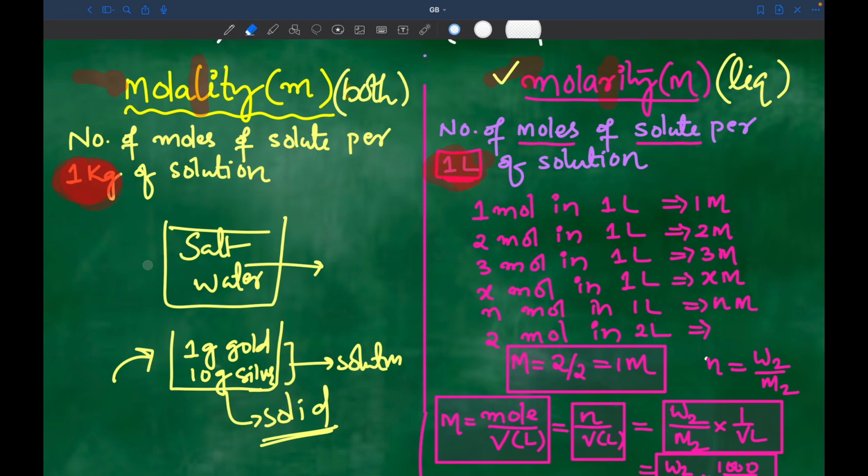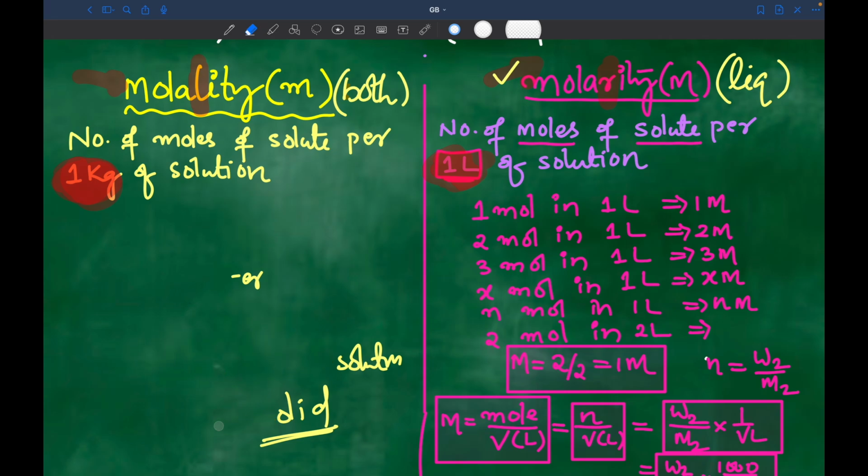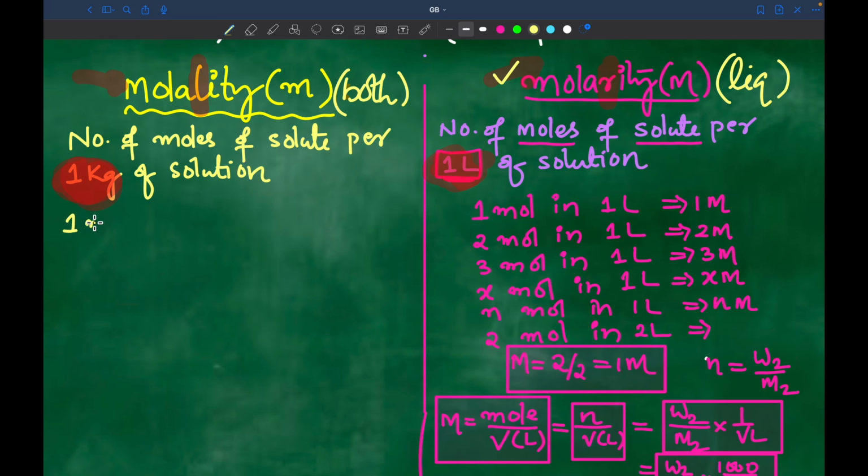So we have to write the formula of molality also. How can we write the molality formula? Molality has the same formula, same units, but instead of 1 liter, what do we take? 1 kilogram, right? So here 1 mole in 1 kilogram, its molality is 1 molal.